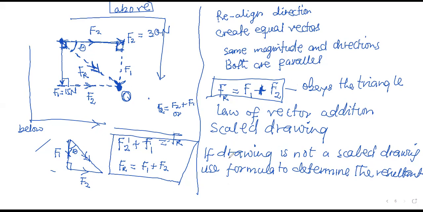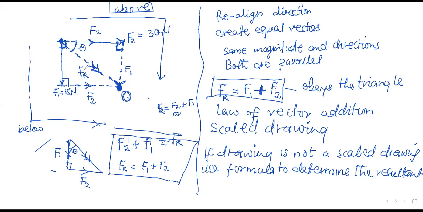If you don't have a scale drawing, use formula. And what is the formula? Since F1 is perpendicular to F2 and the diagonal represents the hypotenuse, you can use Pythagoras theorem in this case. We have to use Pythagoras theorem because the angle between F1 and F2 is 90.